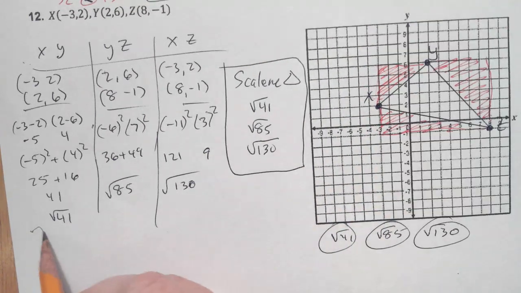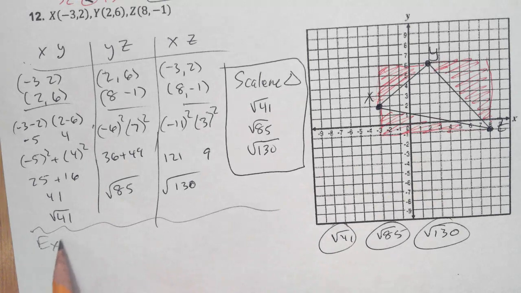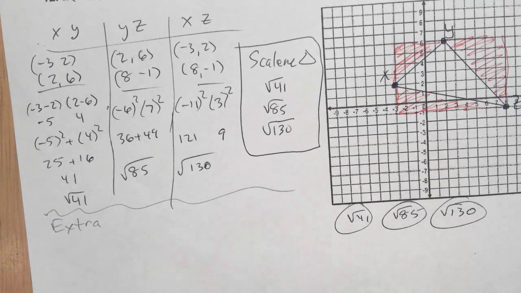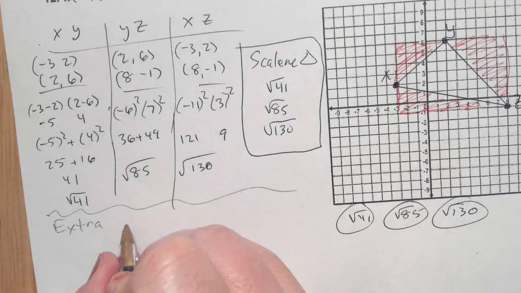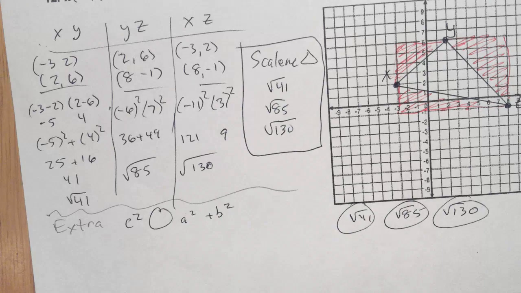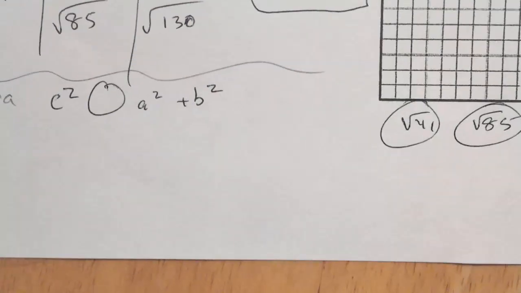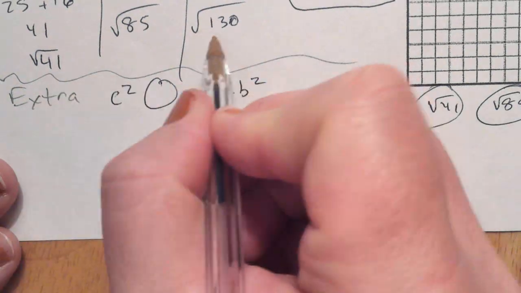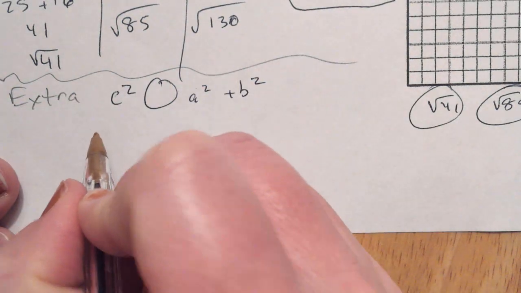Let's go an extra step. So this is extra. What if I said to classify by the angles? Okay, so we would do c squared. How does that compare to a squared plus b squared? So from least to greatest, right? The biggest number has to be our c. So our biggest number was the square root of 130.